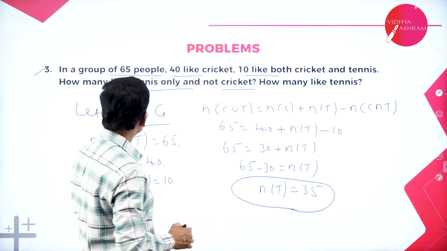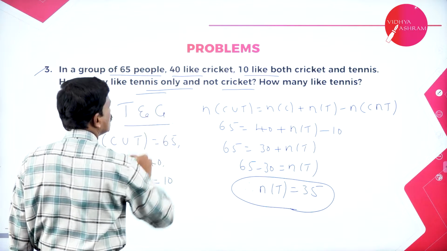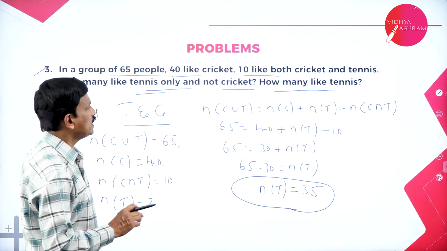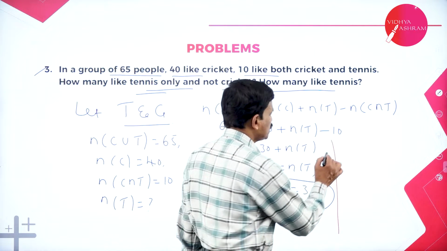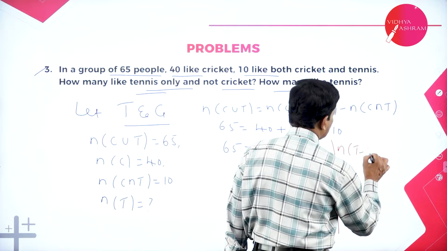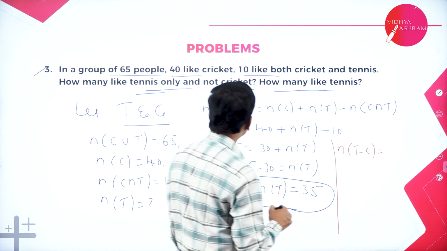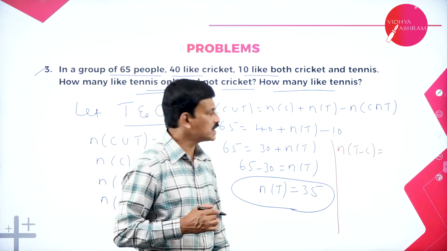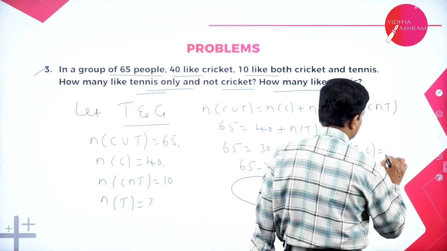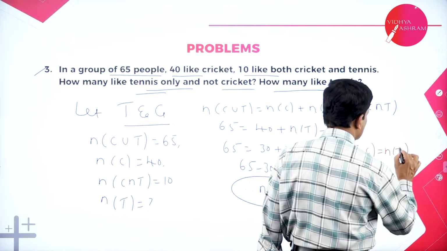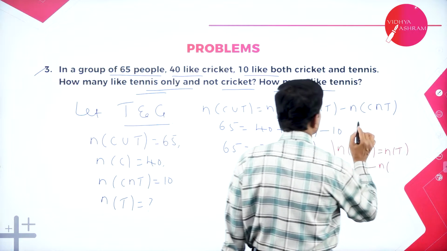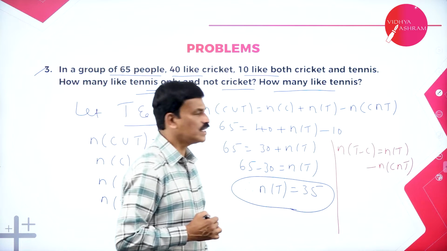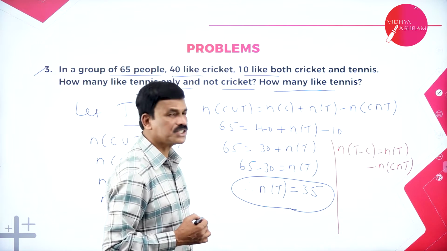Okay, so how many like tennis means n(T) is equal to 35. Now find how many like tennis only, not cricket. That is n(T − C) = n(T) − n(C ∩ T).